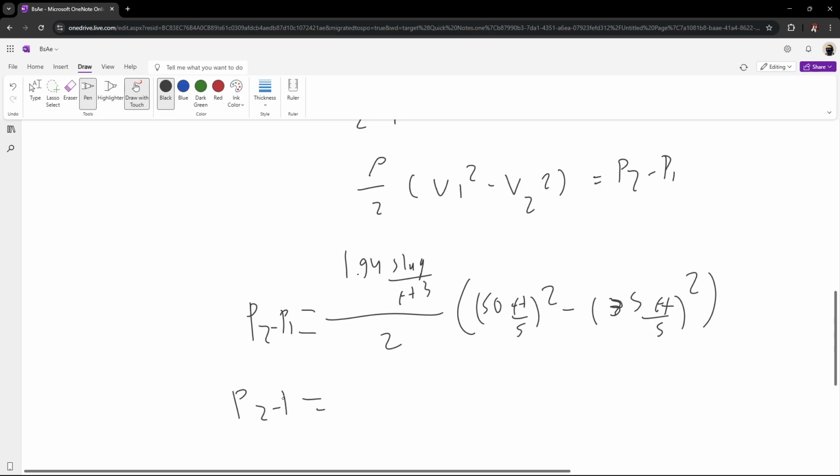Now, getting the answer. 1.94 over 2 multiplied by 50 squared minus 35 squared, and we get a value of 1236.75 pounds per foot squared.